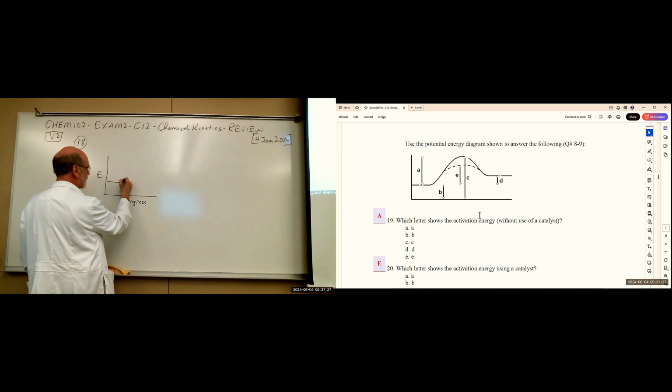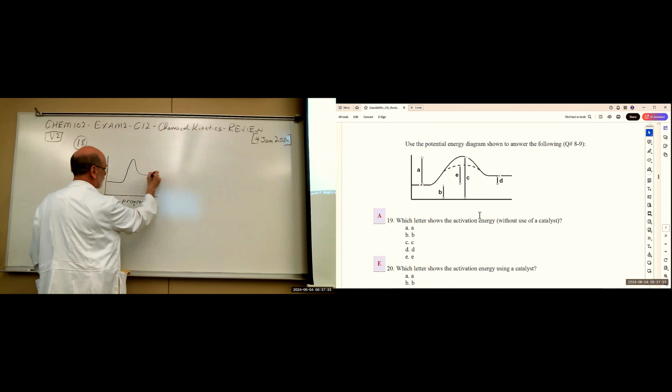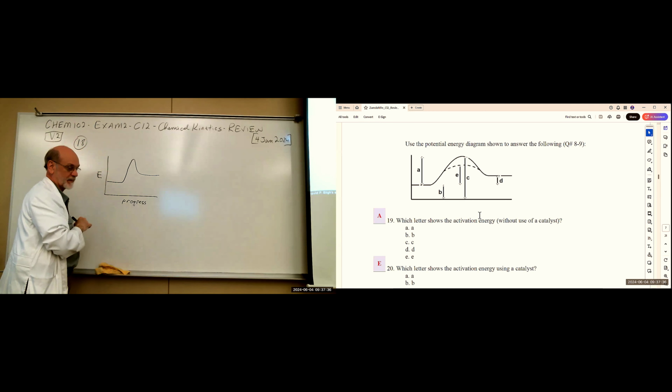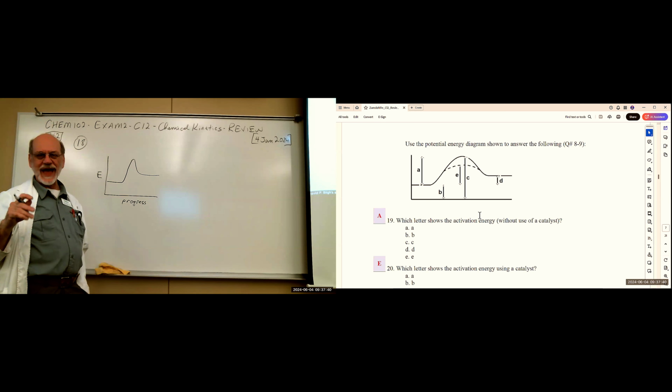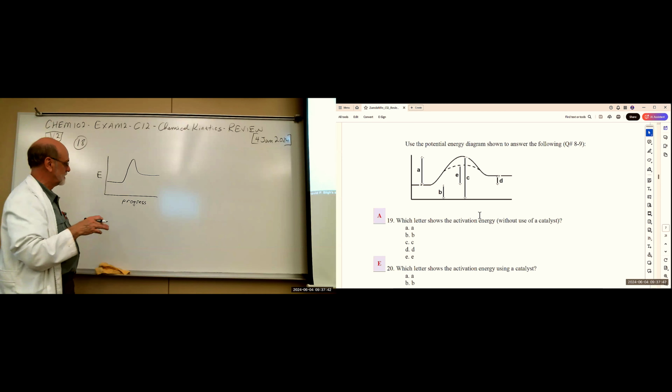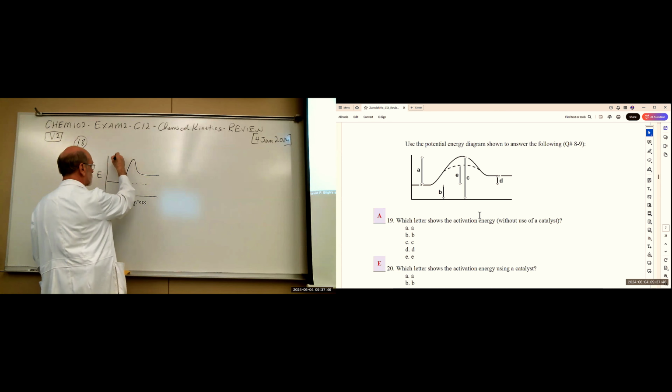We have to add energy to get them to the activated complex, and then they end up with products there. So which letter shows the activation energy without use of a catalyst? Without use of a catalyst would be from here to here.